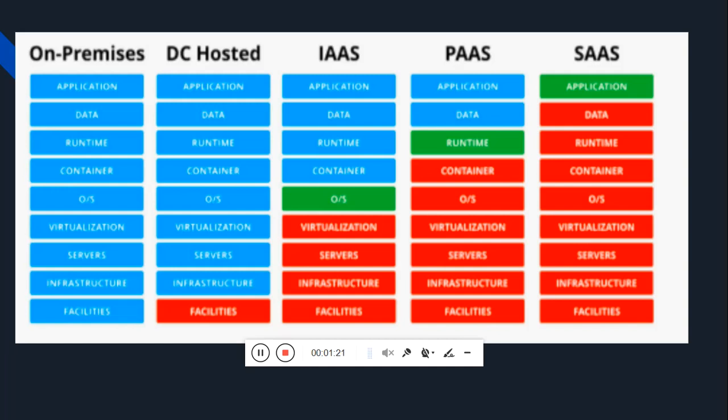If you use this infrastructure stack, there will be certain things that you manage and certain things that would be managed by the vendor. Next, I want to talk about on-premises. If you look at the left hand side of this slide, that is on-premises.